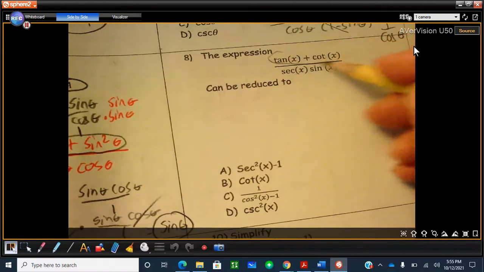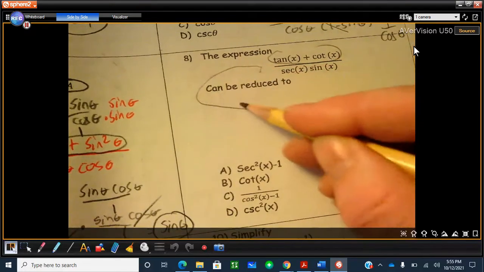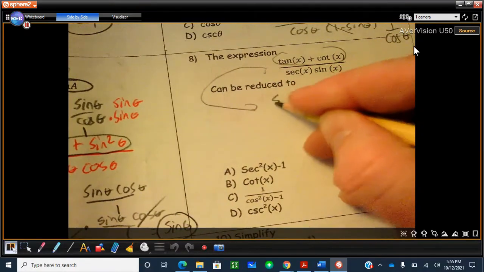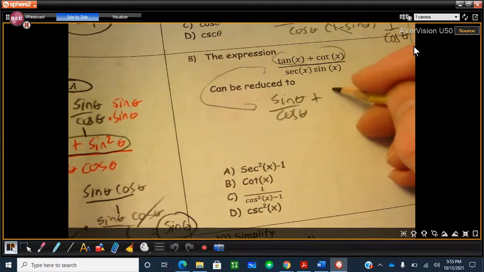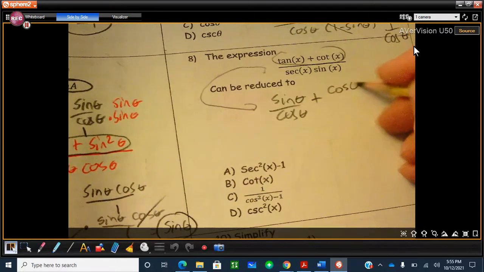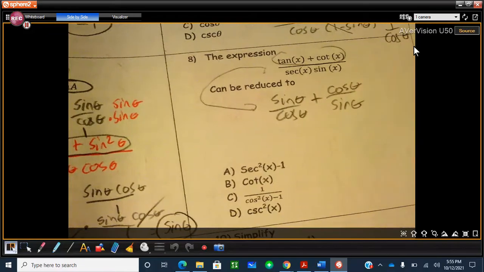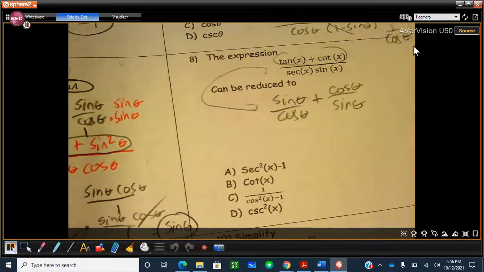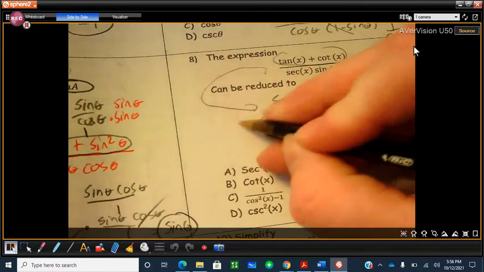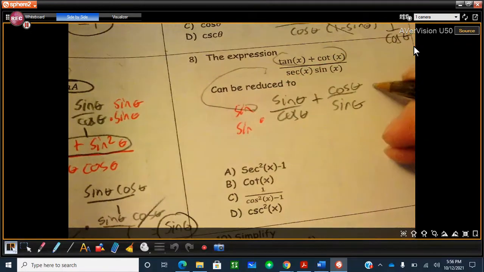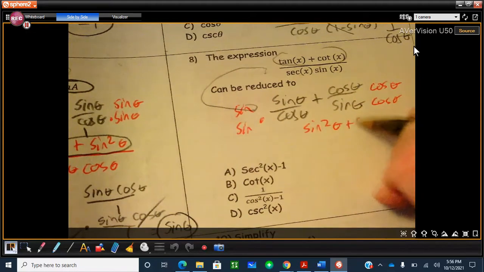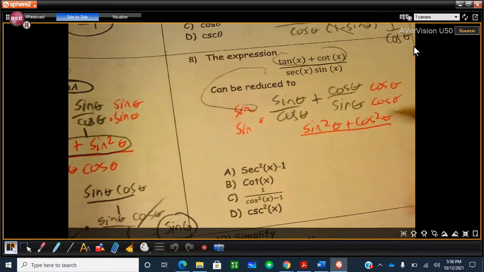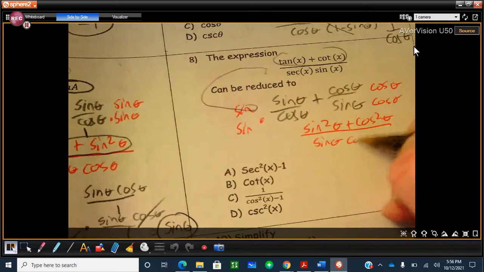If I'm looking at this, right, and bring it down here, I have sine theta over cosine theta plus cotangent is cosine theta over sine theta. And so what we're going to do, again, we're going to multiply this side by sine, this side by cosine, and I end up with sine squared theta plus cosine squared theta all over sine theta cosine theta.